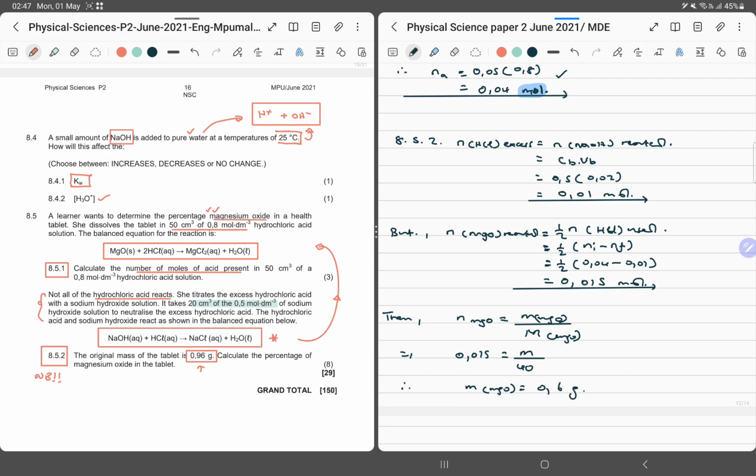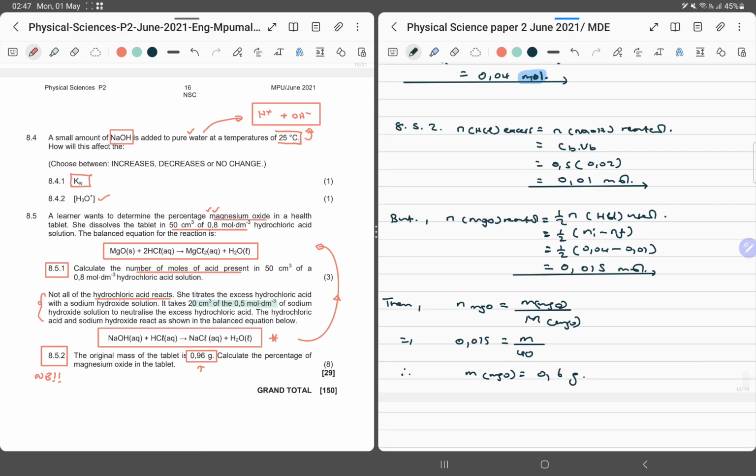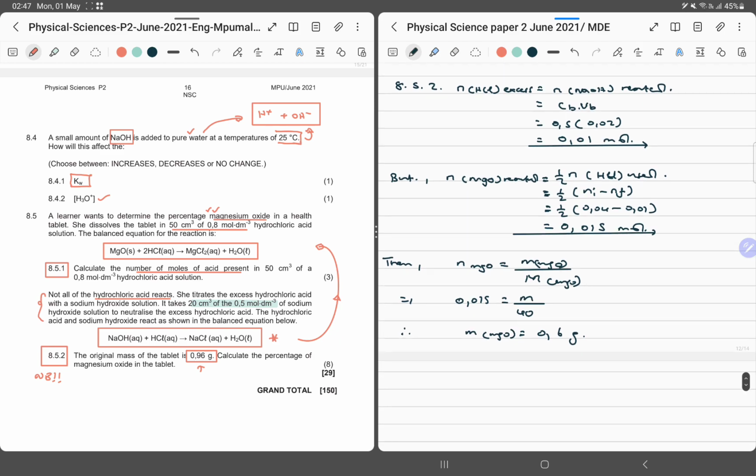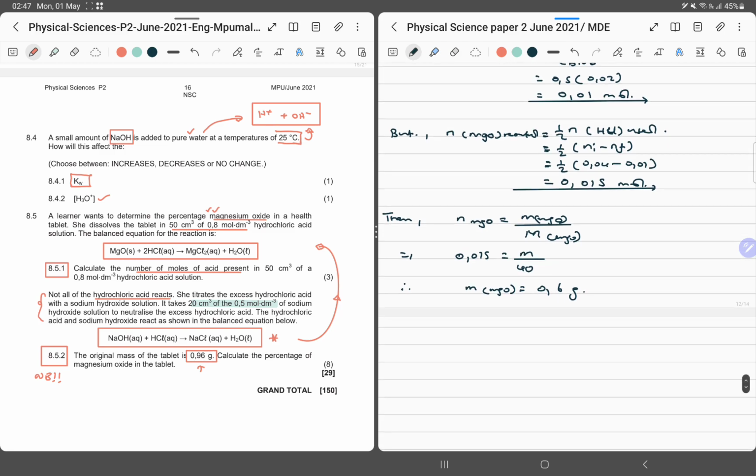Okay, so do you see? We end up with some steps, as much as we're trying our best to avoid too many steps.